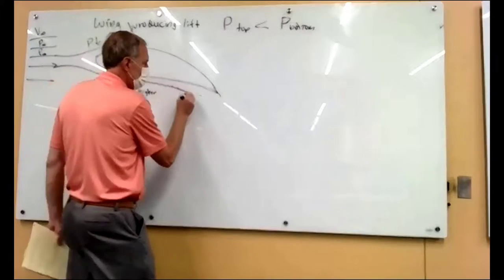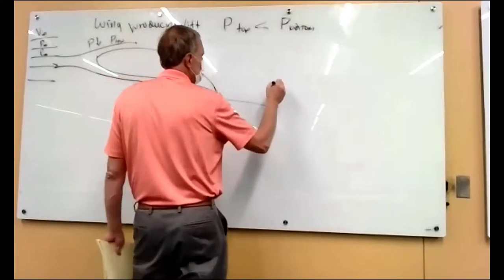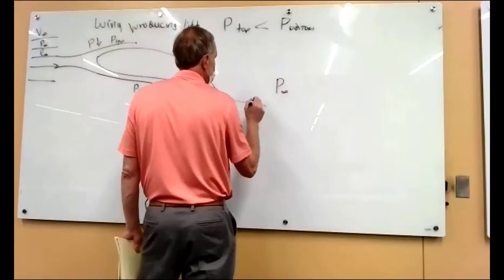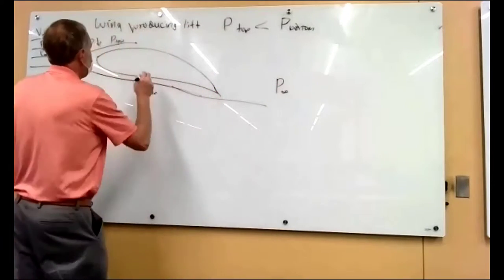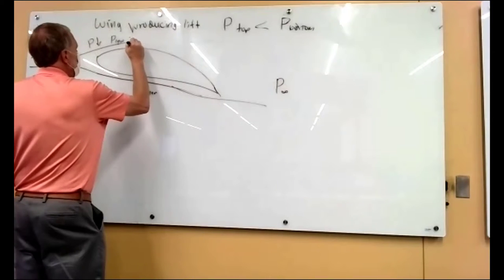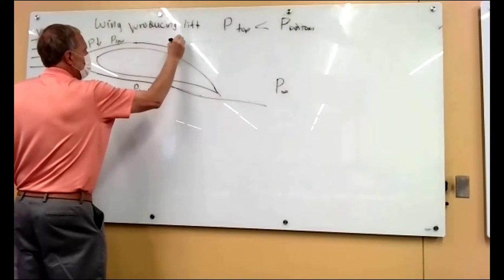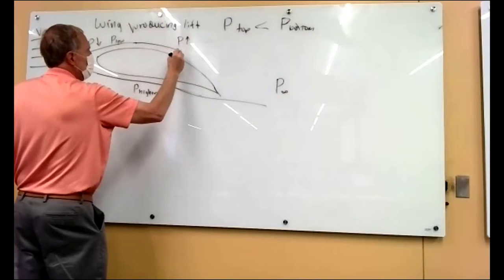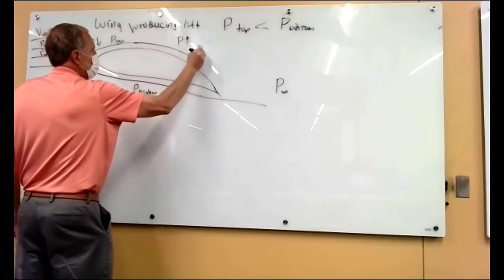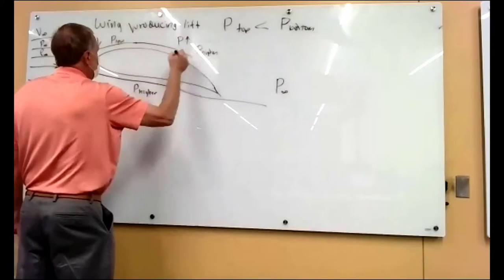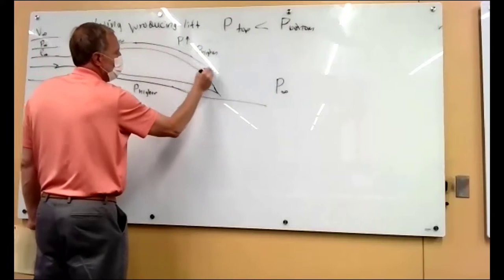And then this flow comes around the end, and eventually it's going to go back to the uniform pressure out in the atmosphere. So that means that this pressure, as it's coming around this way, the pressure now is going back up, and you get a higher pressure than the low pressure here.